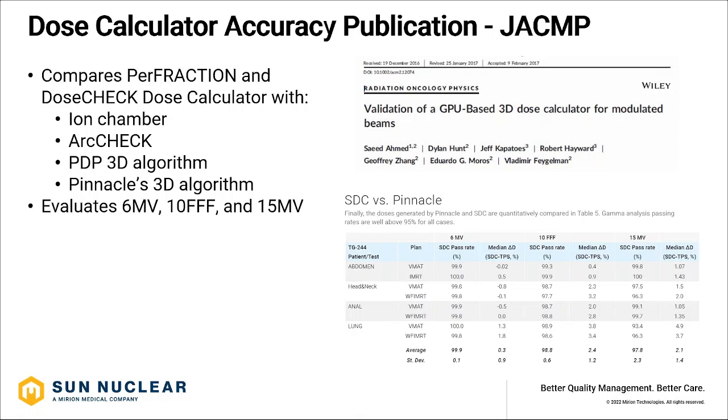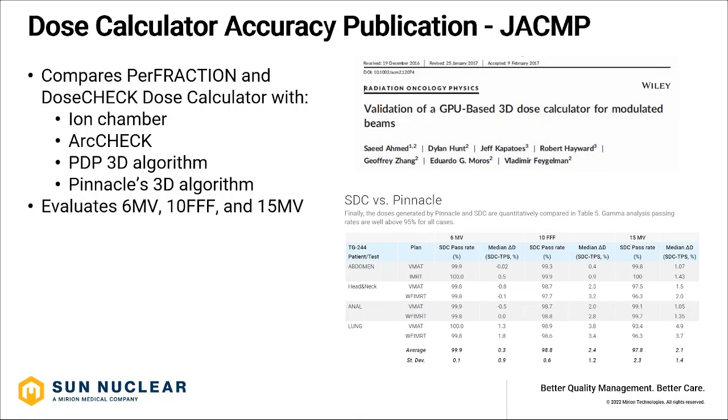So 6 MV, 10 FFF, and 15 MV energies were analyzed using a set of IMRT and VMAT plans based on the AAPM practice guideline 5A. The DoseCHECK and per fraction 3D dose were compared with the ion chamber measurements, as well as the ARC-Check diode array, the 3D dose from the Pinnacle treatment planning system, as well as our own 3DVH dose algorithm.